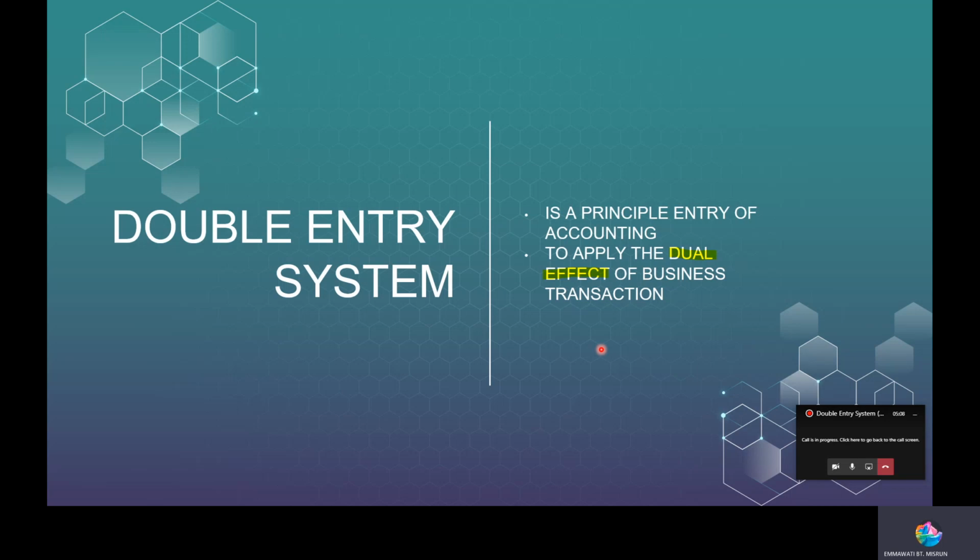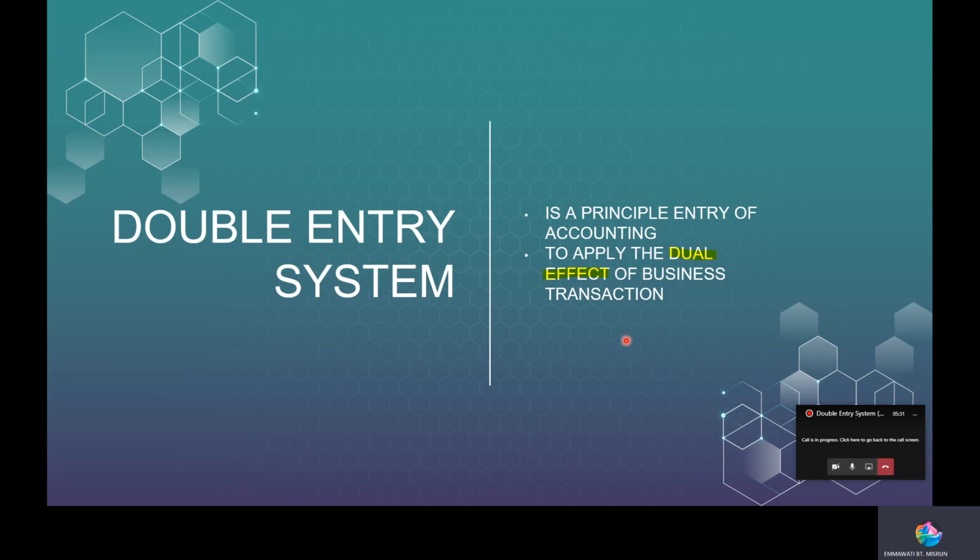For every business activity, we should open at least a minimum of 2 accounts.